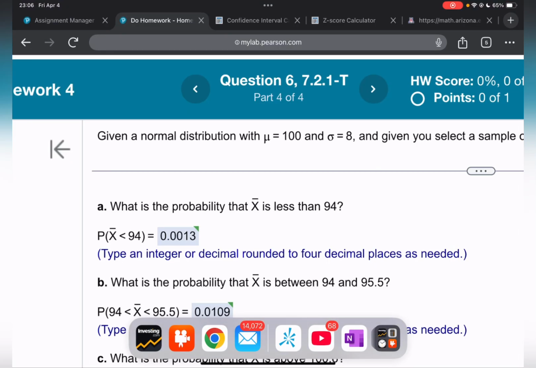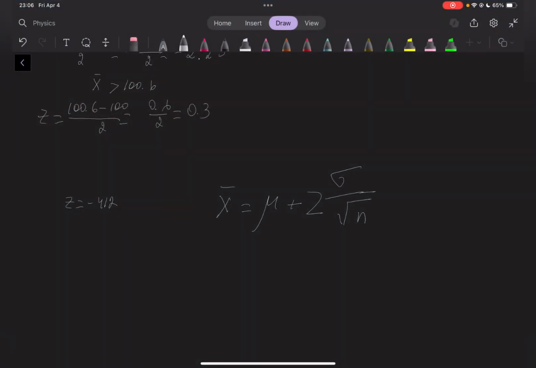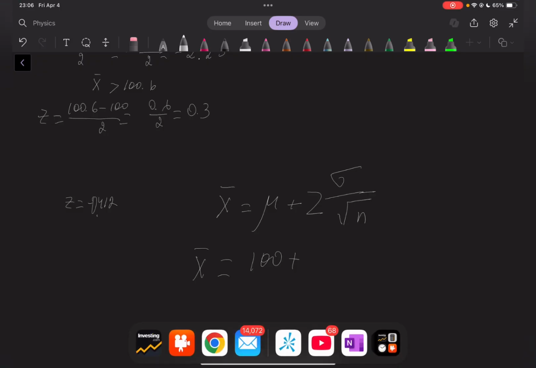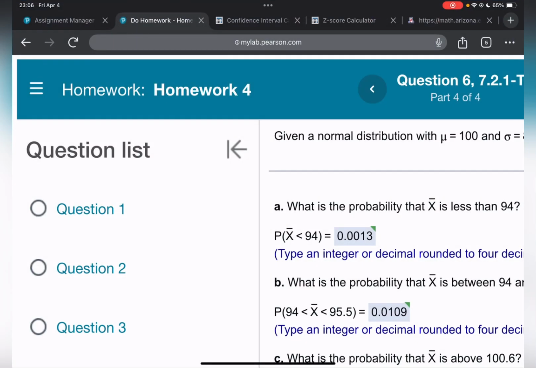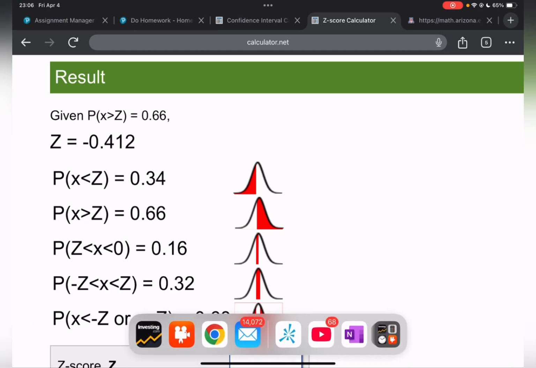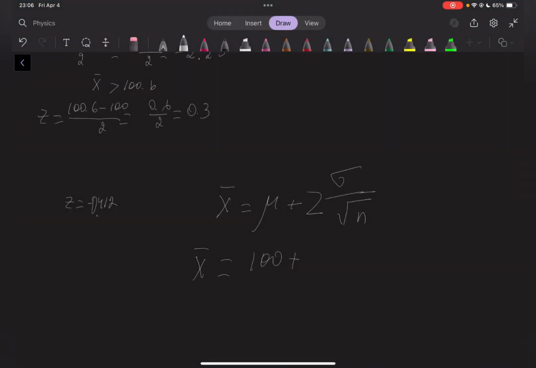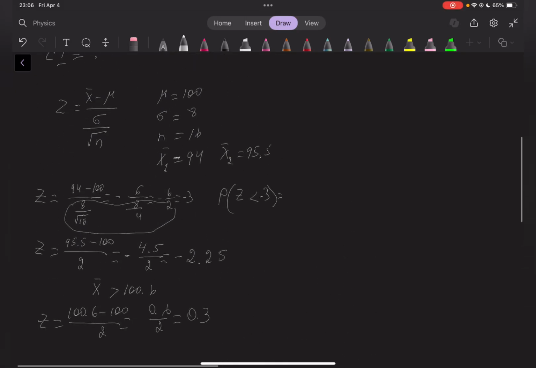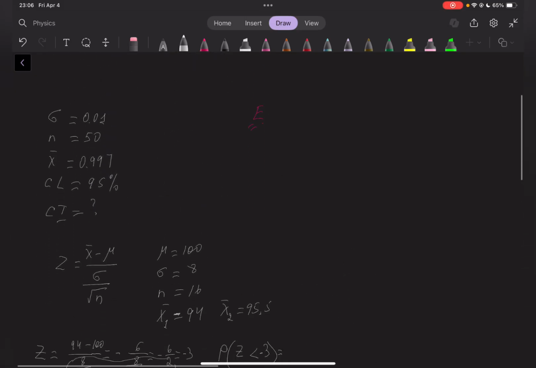So x bar is equal to 100 plus z-score, which is negative 0.414412, so might as well put minus 0.412. How much is our sigma?